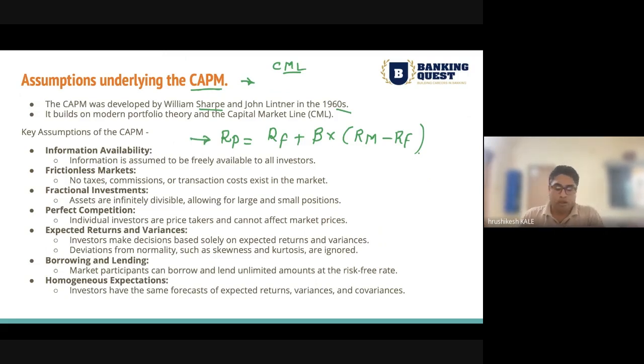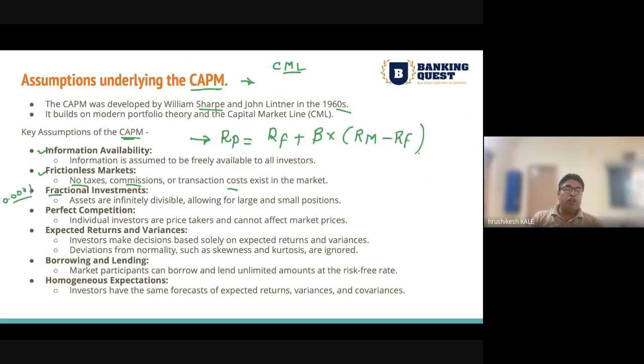Now, there are always some assumptions of CAPM. First is that information is freely available to everyone. That is not the case. Frictionless market, that means there is no tax, no commission, no transaction cost, and so on and so forth. Investment can be done fractionally, so I can purchase 0.0001 shares of Tata Motors.